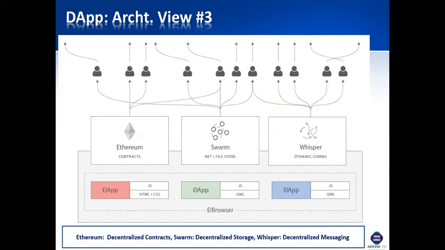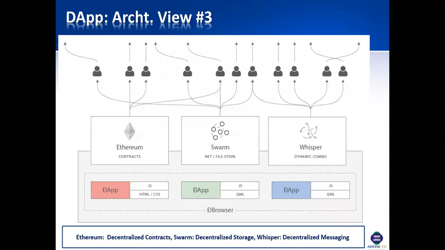Swarm is like file storage, and Whisper is like the communication environment. Overall, these three elements you can call the backend. In the front end, you have the DApp front ends like the DApp browser. These are lightweight browsers, utilizing HTML, JavaScript, CSS or QML scripts.